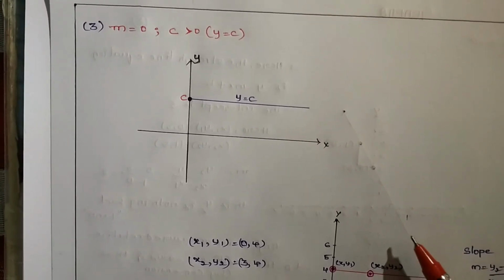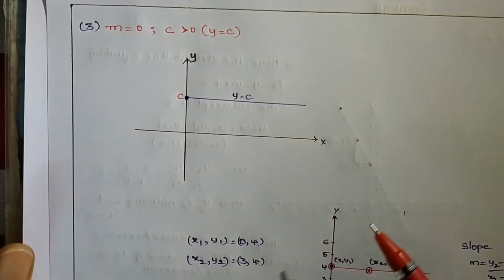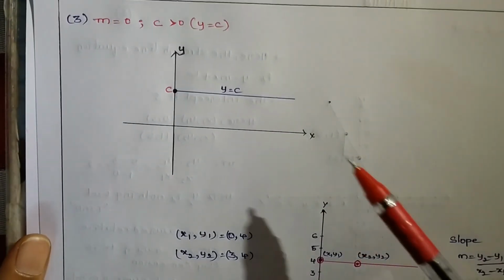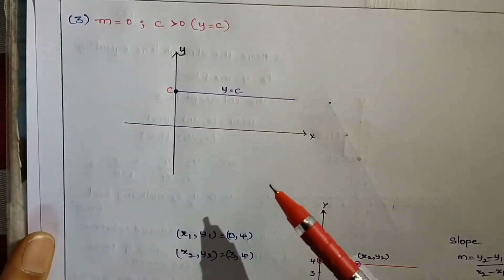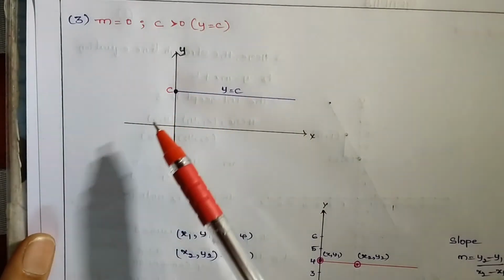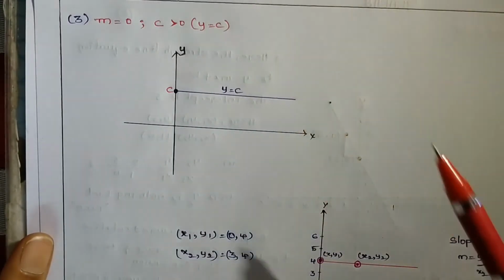If we take this example, here slope is 0 and intercept value is greater than 0. If slope is 0, the graph will look like this. It is a horizontal line.